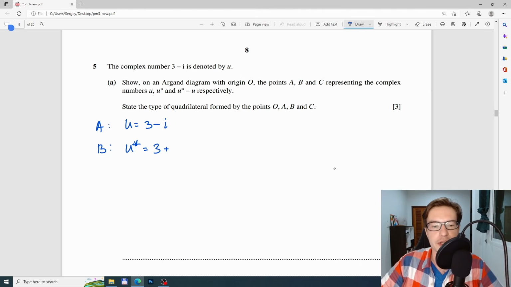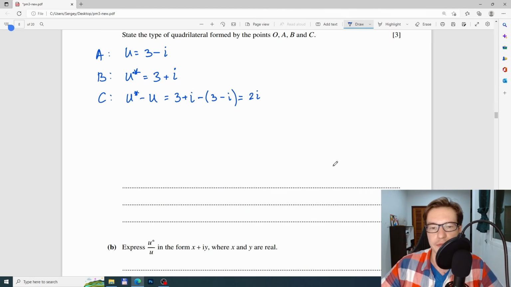So instead of minus i we will have 3 plus i. And the number c is going to be the complex conjugate minus the number itself. Let's figure it out. 3 plus i minus, don't forget the brackets, 3 minus i, which equals 2i.